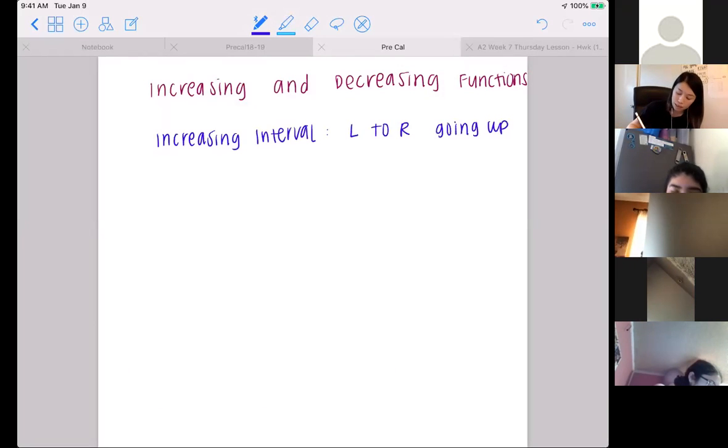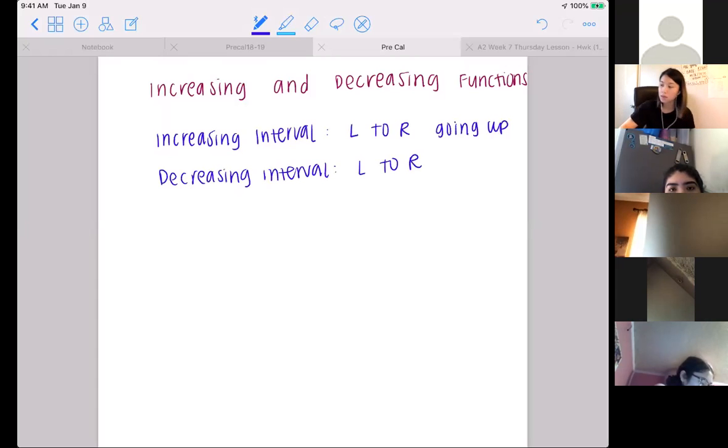And a decreasing interval is also left to right, but this one is going down.